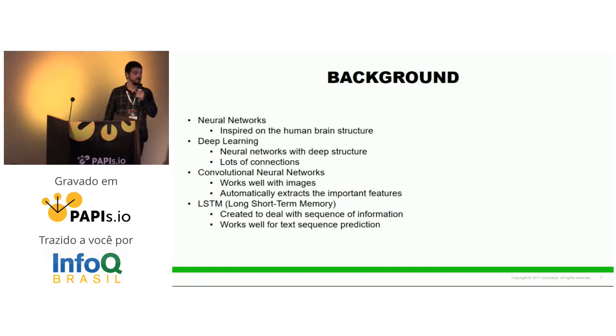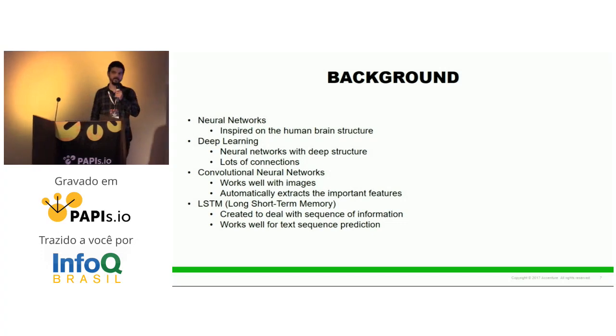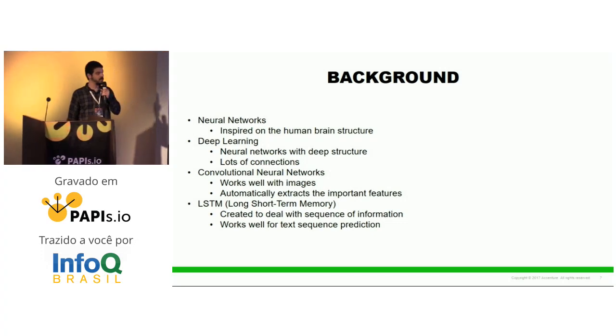Neural networks, you might know about it. It's slightly inspired by the human brain. The basic structure is called a neuron, and it basically combines the inputs and applies an activation function, usually nonlinear. And then you can combine a lot of different layers of these neurons to implement a neural network.